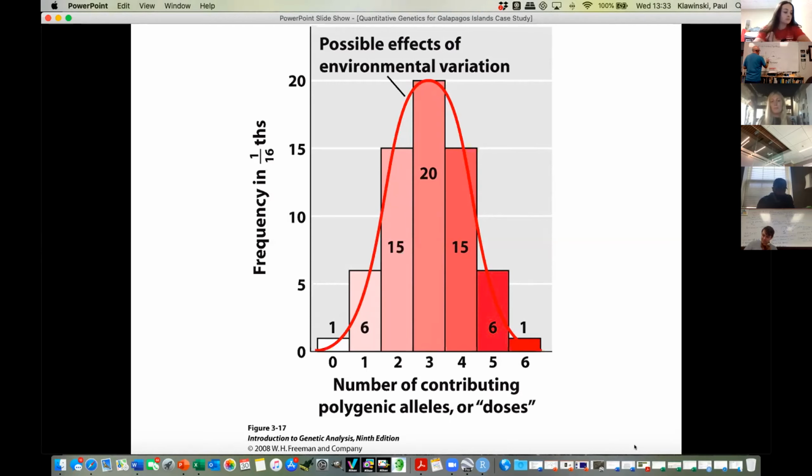So there's selection against shorter horned lizards. And because of this, because the shortest horned lizards have a genotype for horn length that is something like this, these guys have a genotype that is something like this, or this, or something like that, we're losing more of the recessive alleles when selection acts on this population. And as a result, the allele frequency changes in the population.